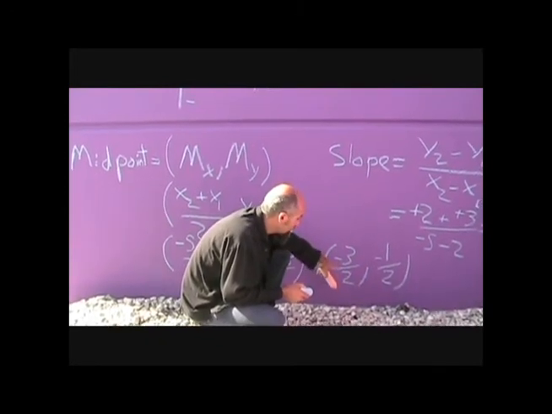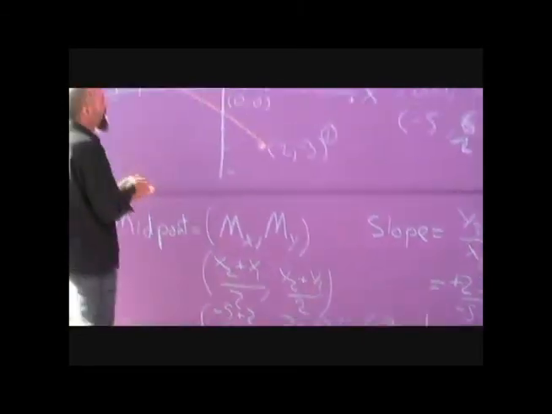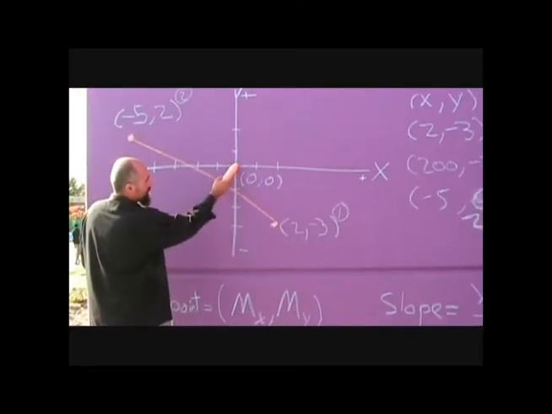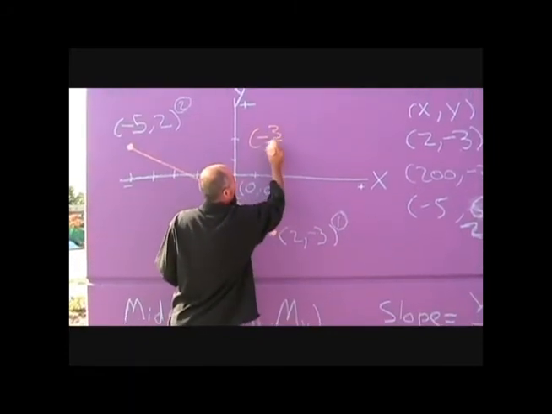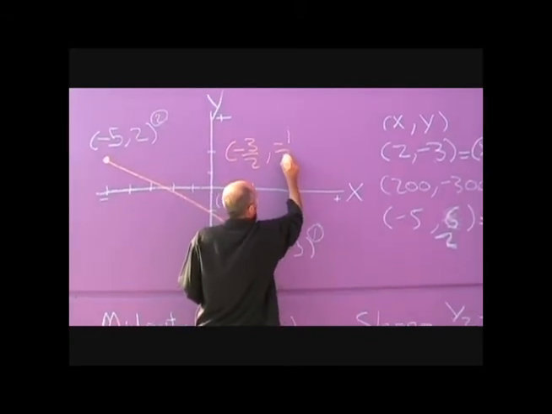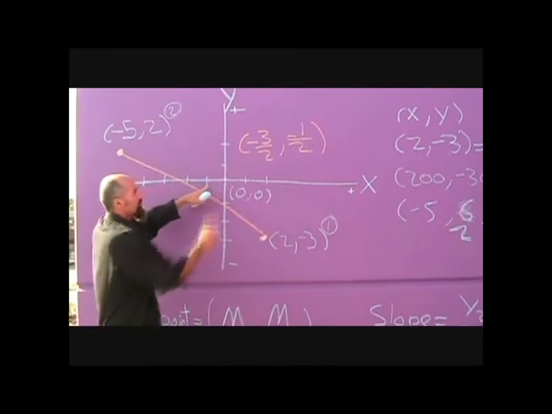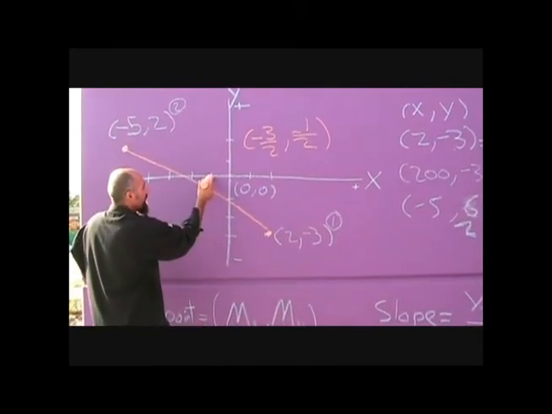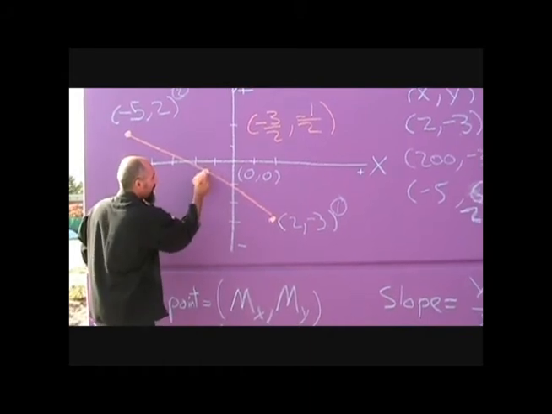Negative 3 over 2 is negative 1.5. So what we're going to do is come to the coordinate system. So the midpoint for this line is going to be negative 3 over 2 and negative 1.5. Negative 3 over 2 is negative 1.5, so we go 1.5 over, and negative 1/2, we go 1/2 down.